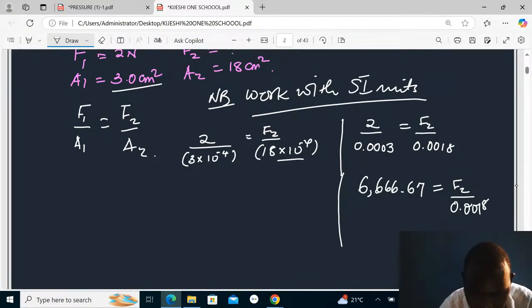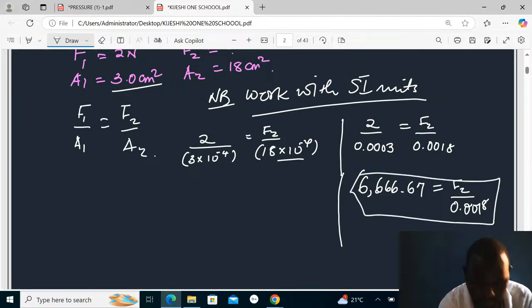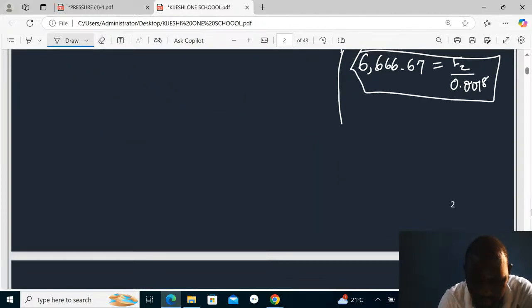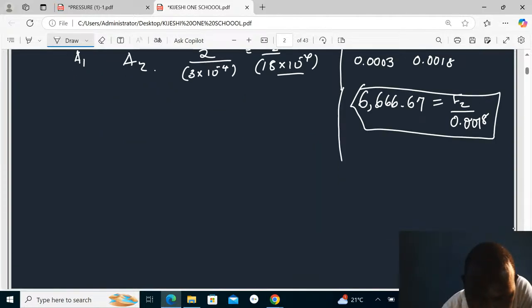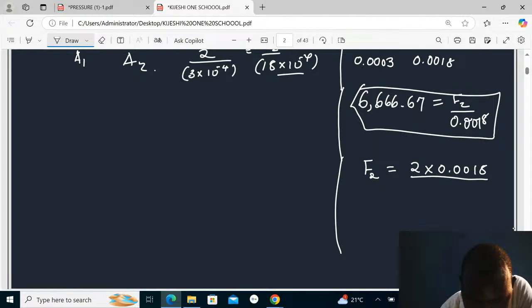If you don't want to use this one, you can work it like you say our F2 is equal to 2 times 0.0018 divided by 0.0003.